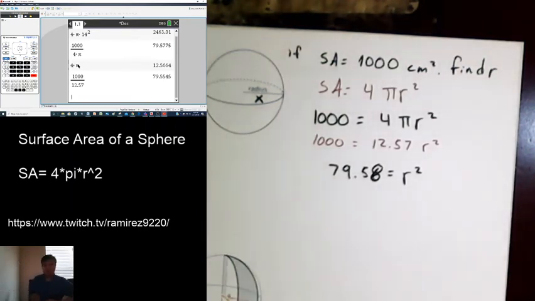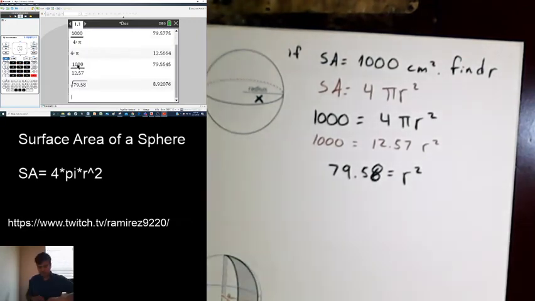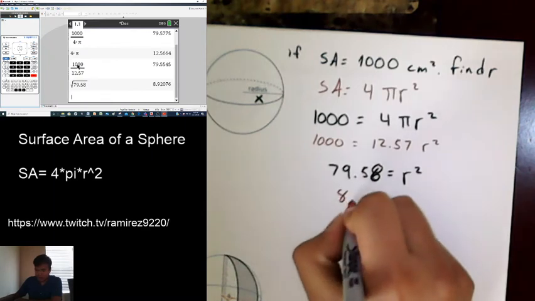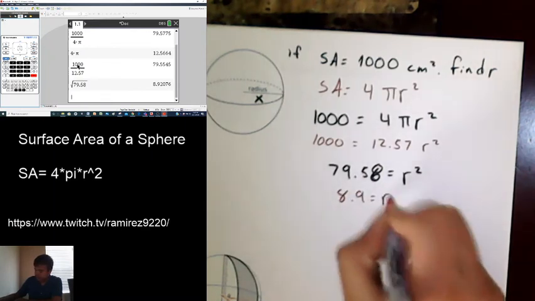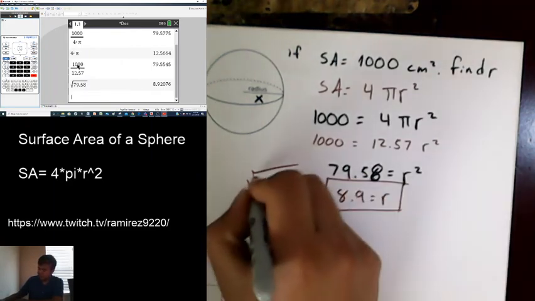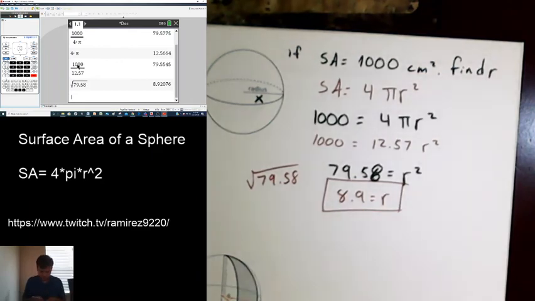Anyways, to get rid of the r squared, we do a square root. All right, again, notice how we have to know when to use the stuff. Very important. And so we find out that our radius is about 8.9. And that's it. Remember, I did the square root of this 79.58. That is how I got 8.9.